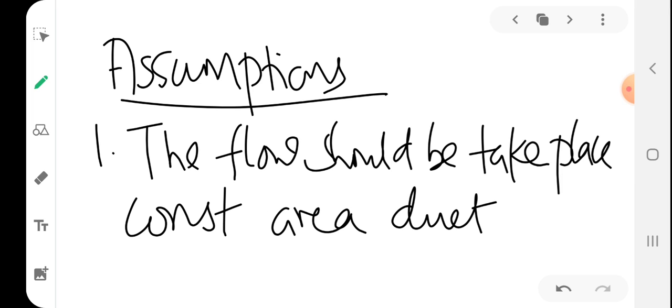If that varies, it will be a bit complex flow, so it won't be a simple flow. Simple flow means there should be only one driving potential. If there is more than one driving potential, it is no more a simple flow, and it will be very difficult to analyze. So this is the first assumption.